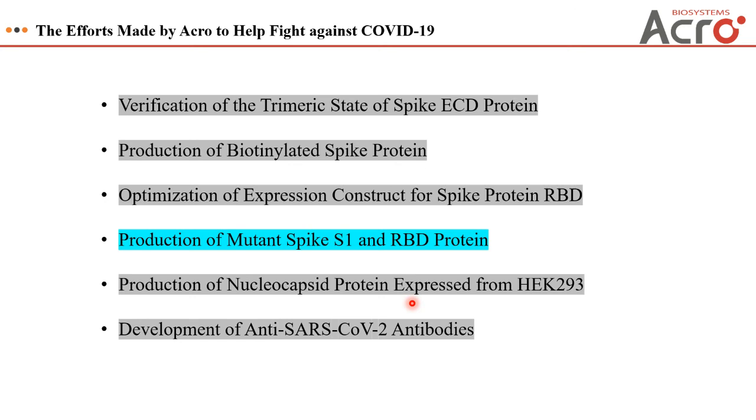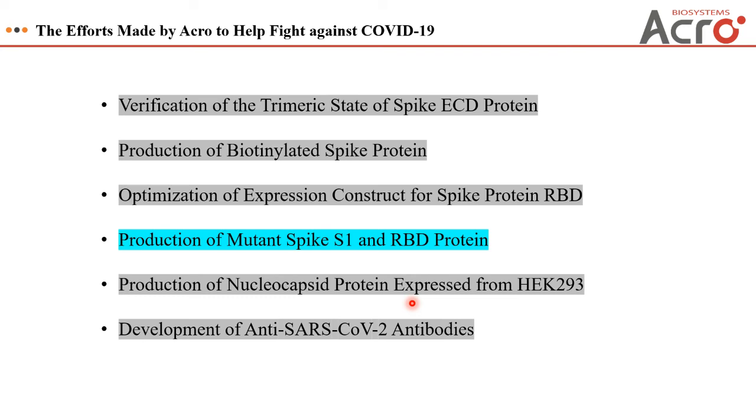In the fourth part, we'll talk about the production of mutant spike S1 and RBD proteins. ACRO noticed that several RBD mutants have been reported in some strains of SARS-CoV-2, and we generated the mutant protein products to characterize the difference between wild-type and mutant RBDs.